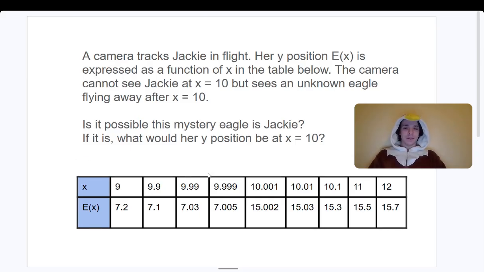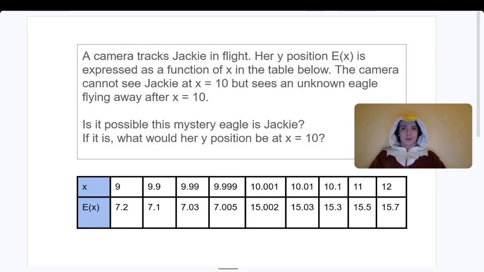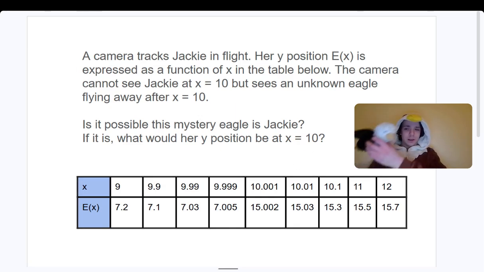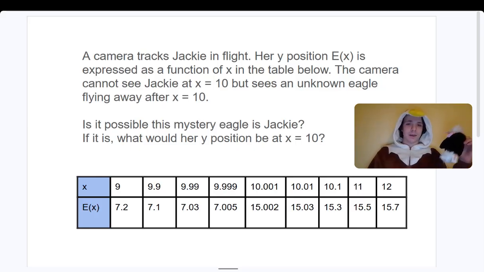We could think of it as e for eagle. The camera can't see Jackie at x equals 10. So she's flying along, but then goes behind a tree or something, or for some reason the camera can't see her at x equals 10.